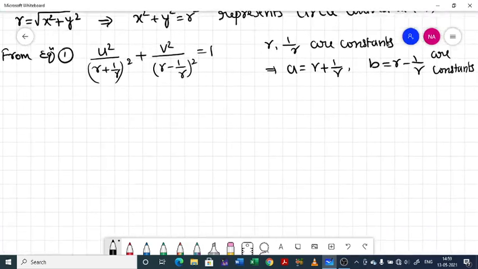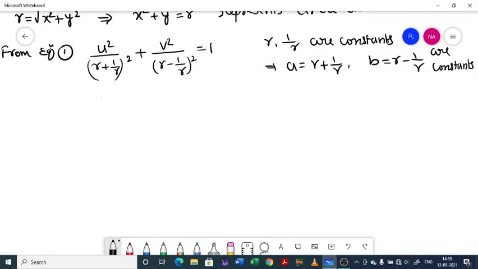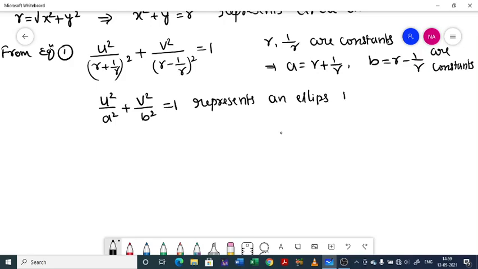So we have u square by a square plus v square by b square equal to 1, which represents an ellipse having foci at plus or minus square root of a square minus b square comma 0.